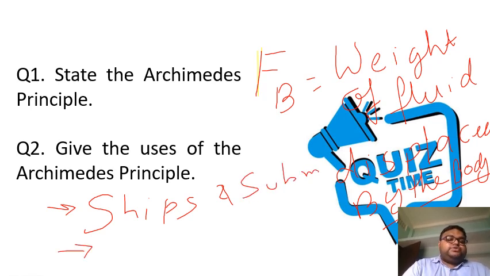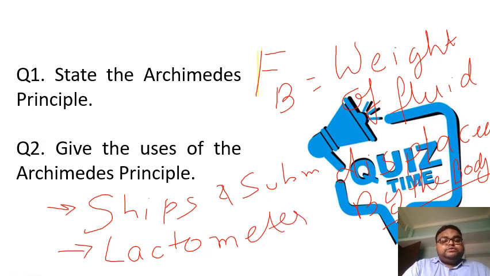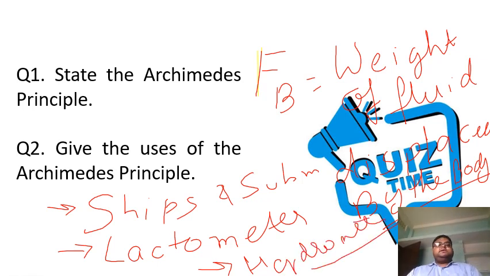It is also used in the lactometer, which is used to determine the purity of milk. It is also used in the designing of hydrometers. So these are some uses of the Archimedes principle.